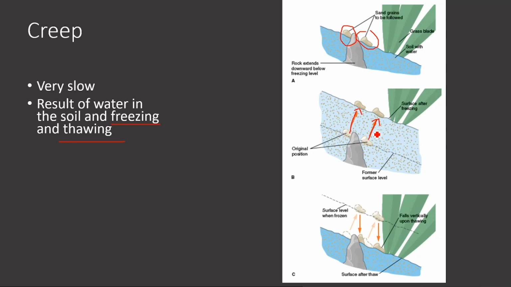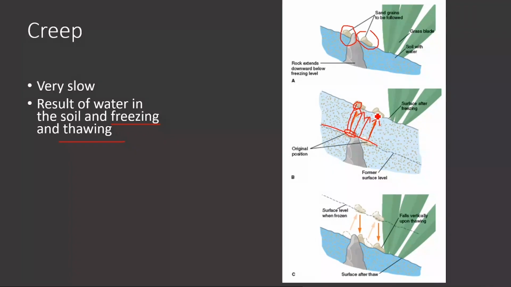You know that when things get frozen, the volume increases. So there is a slight change in the volume of the material. The material which is actually here in this part will slightly move up. Now in the thawing portion, the things will come down.